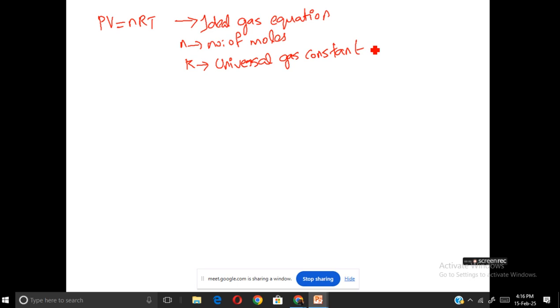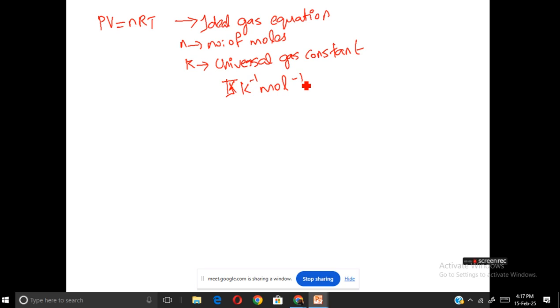Now, when we use this equation in atmospheric science, R has a unit of joule per Kelvin per mole. We are mostly interested in the mass of the air parcel that we are considering.